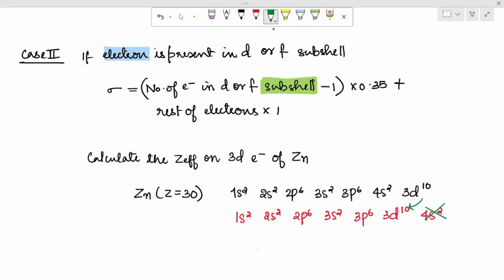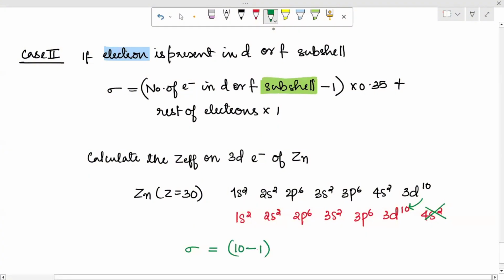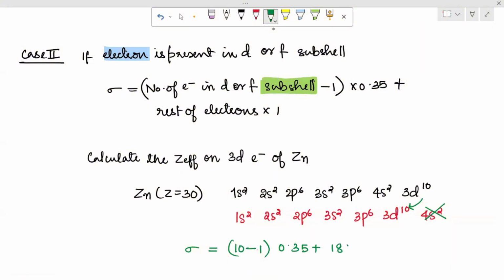Now let's write the formula. The screening constant is equal to number of electrons in D or F subshell. Please pay attention. In the earlier case, it was nth shell minus 1. Here it is the number of electrons in the subshell minus 1. So how many electrons are there? There are 10 electrons. 10 minus 1 into 0.35 plus rest of the electrons. So that is 6 plus 2, 8 plus 10, 18 into 1.